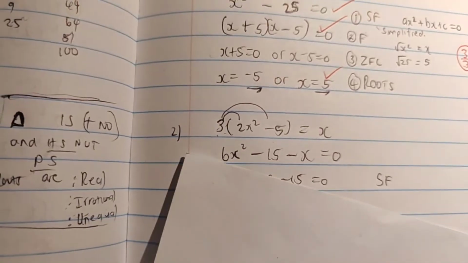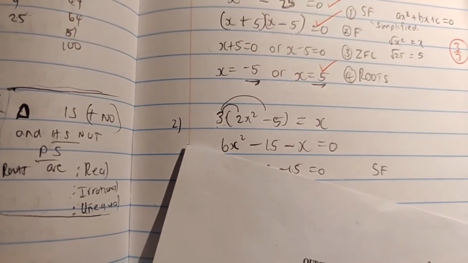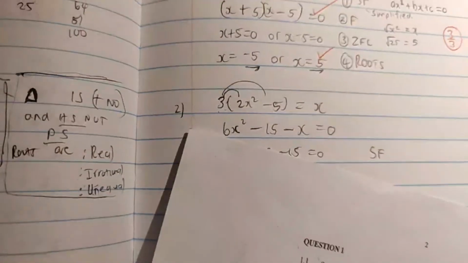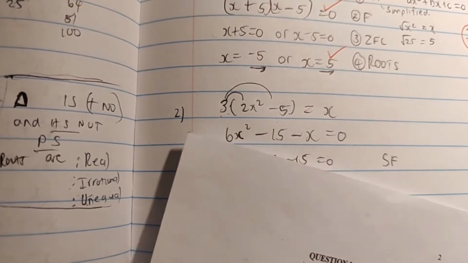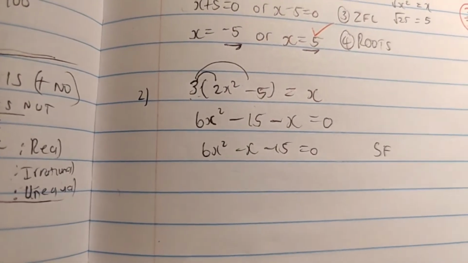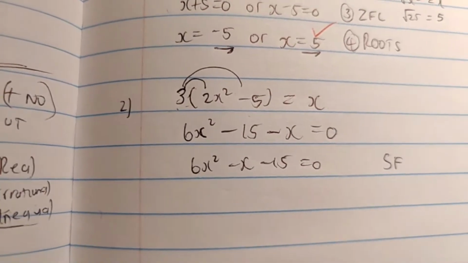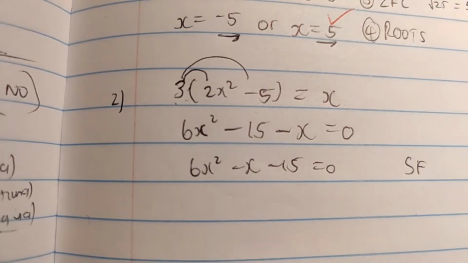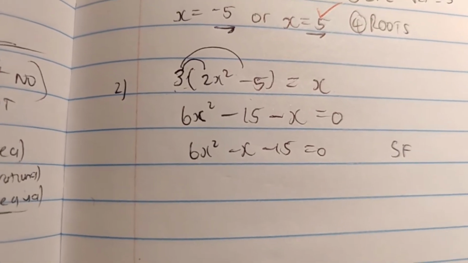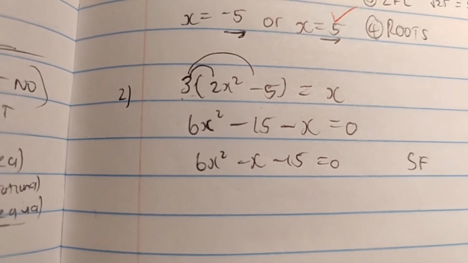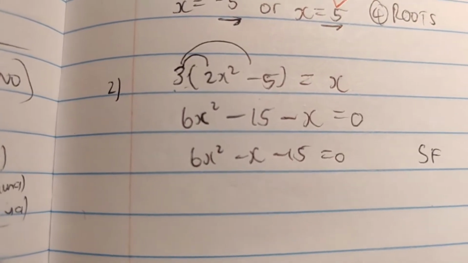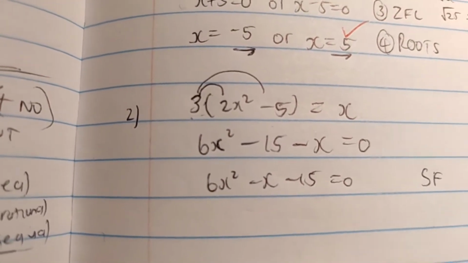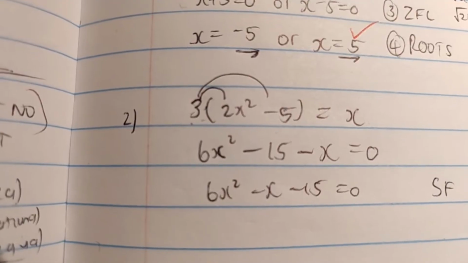Or we can use the quadratic formula. It's really up to you what you do from this stage, because of the grade 11 learner and the grade 12 learner, you can either factorize or use the quadratic formula. Okay, so most of you grade 11 will find it easier to use the quadratic formula. Okay, but we can also factorize this thing.